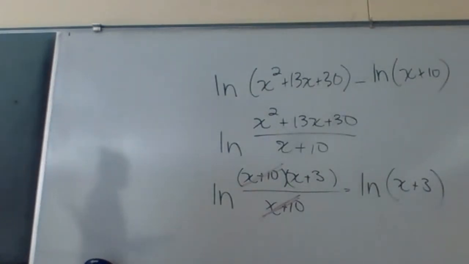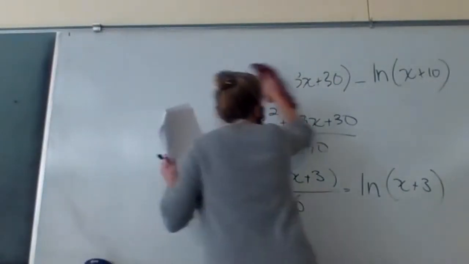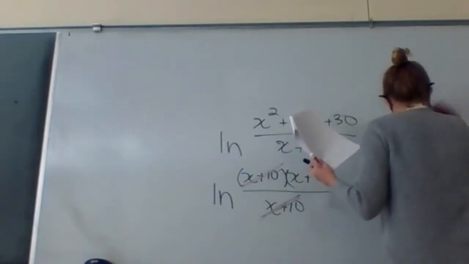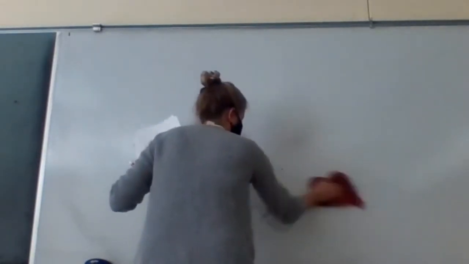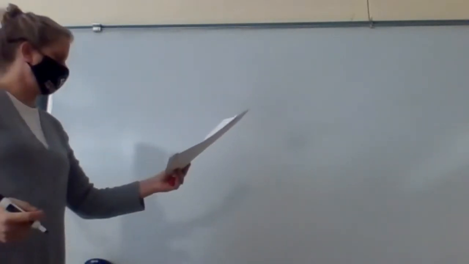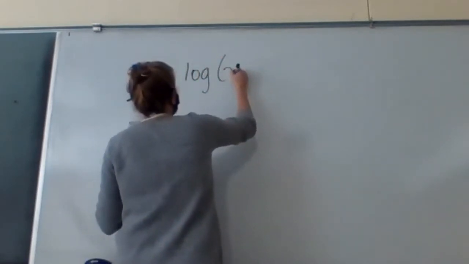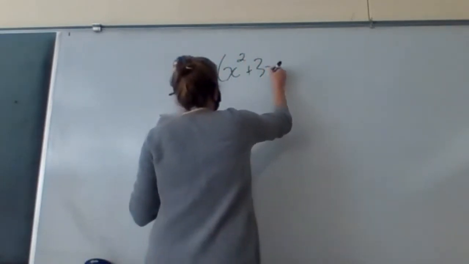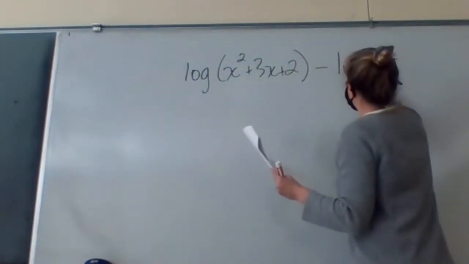Right, number 21, same kind of problem. Log of x squared plus 3x plus 2 minus log of x squared minus 1.